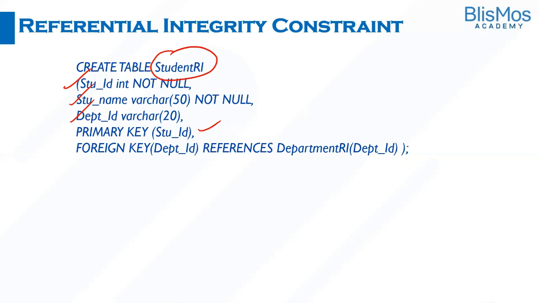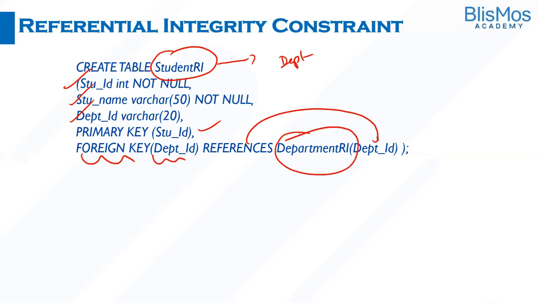As we already know, we are trying to establish a relationship between the student RI table and the department table through a foreign key, that is department ID. And we are saying it references the department ID of the department table.